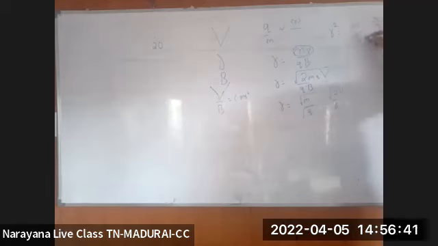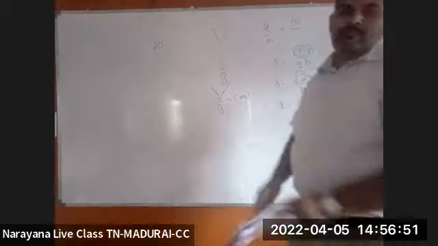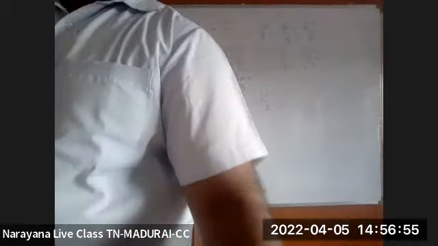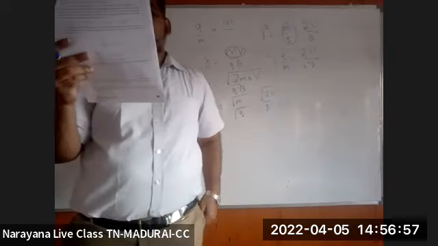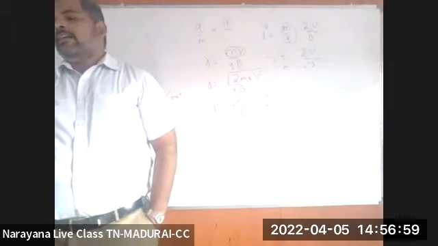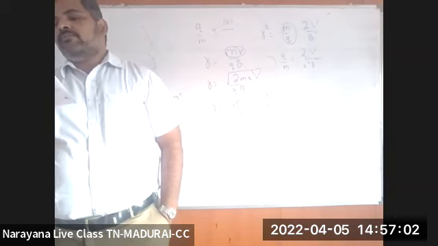So q by m, if you write it as the subject, 2 into V by R square into B square I can write. Wait. He is asking V and B are kept constant.